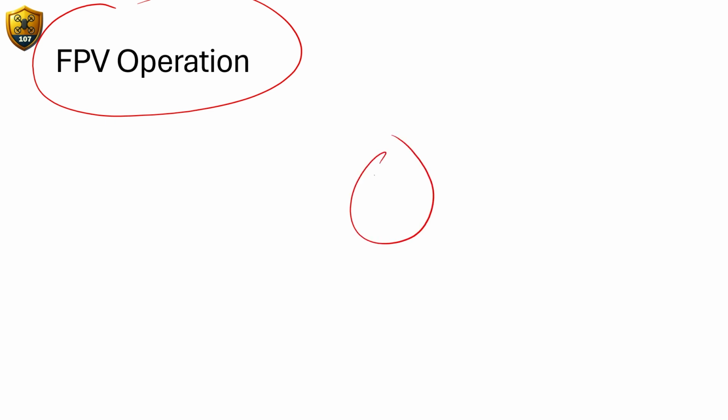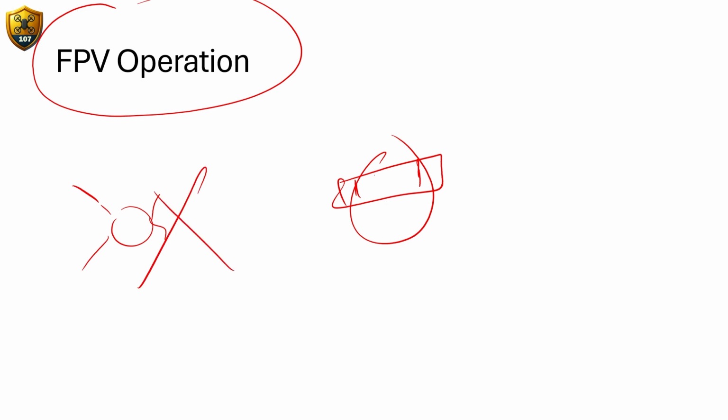Next, we are going to talk about FPV operation. FPV goggles under no condition are approved as a device that allows you to maintain visual line of sight. Say you have FPV goggles and you can see through the camera attached to your drone.